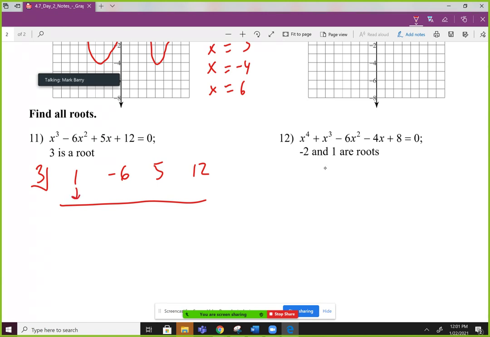So we bring this down as a 1, multiply by the cupboard, multiply by 3 going back up. Bring that down as negative 3, multiply that by the cupboard going back up. Bring that down as negative 4, multiply that by the cupboard going back up, and we get 0.